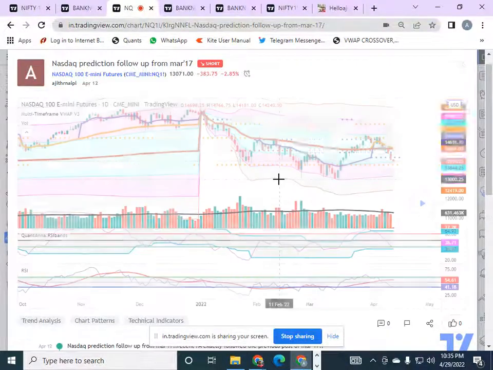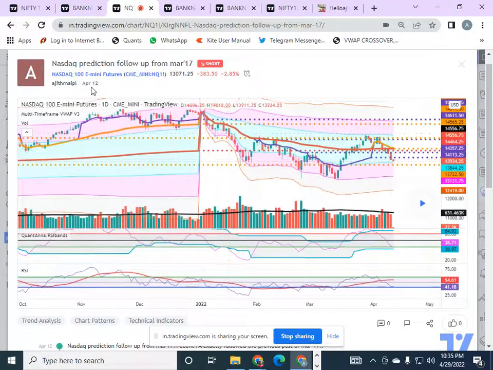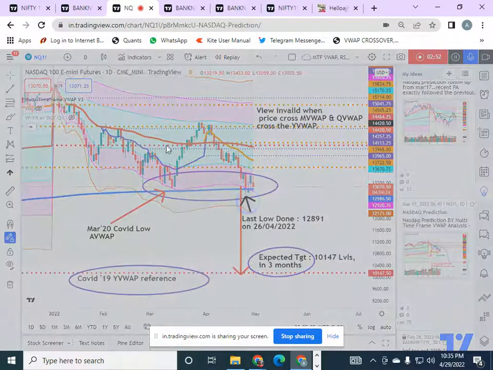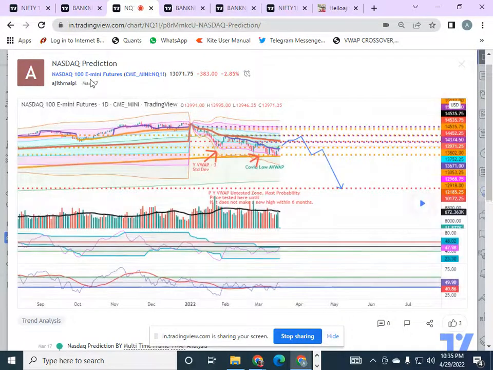This is one of the follow-through analyses I posted on April 12. The price pulled back exactly around the 15,200 level. You see this 15,200 level, which we forecast on March 17 itself in that manual drawing.